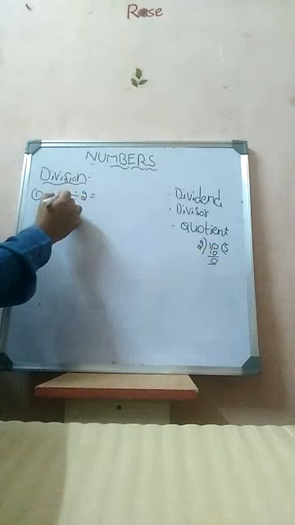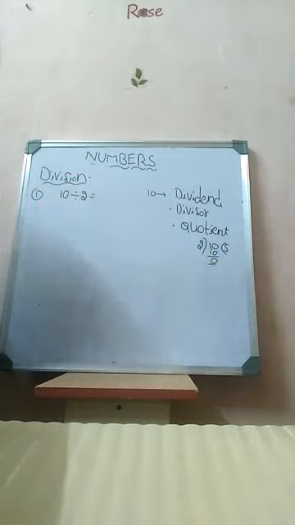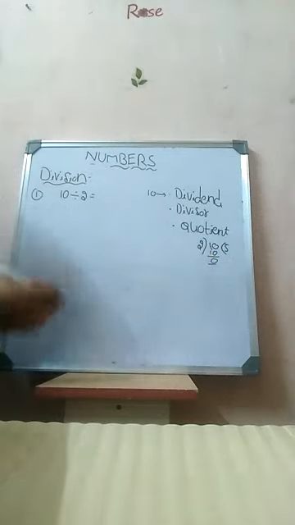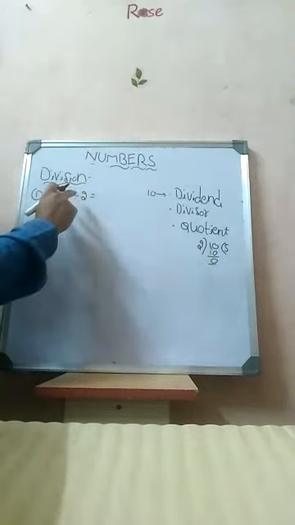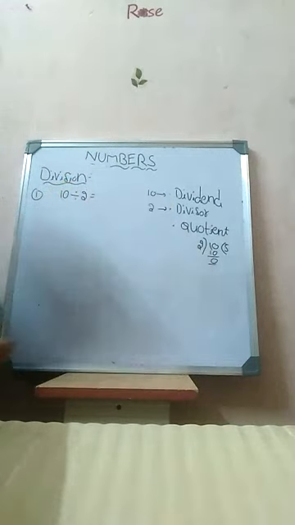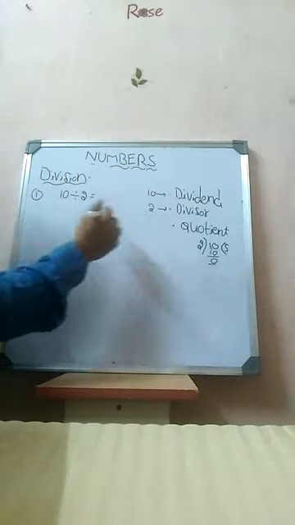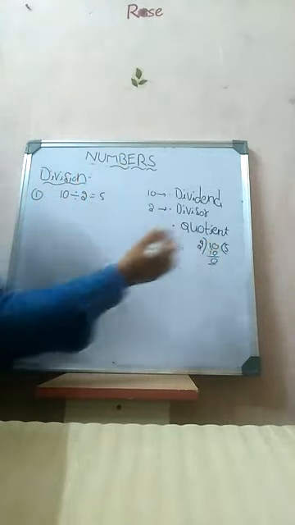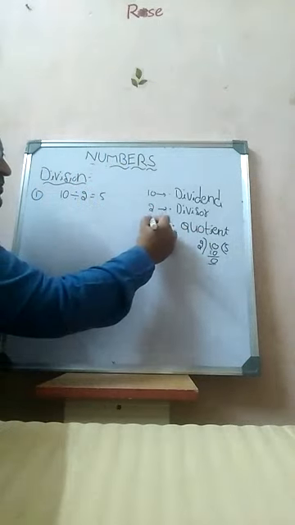So here 10 is called dividend. What is divided? That is called dividend. What is dividing here? That is called divisor. Then after division, what we will get? That is called quotient.